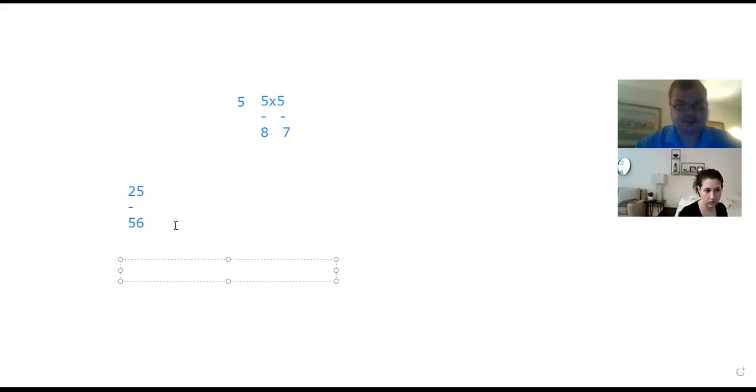So let's try a more complicated fraction. We're gonna try 2/7 times 3/4. Just looking for the times symbol, which is next. There you go.